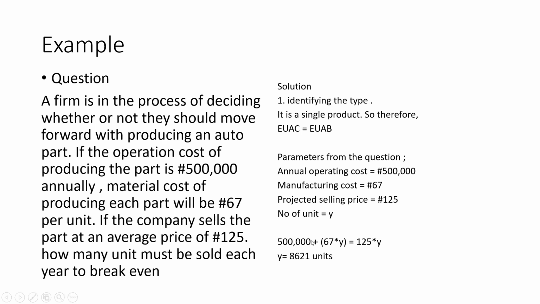So you have 500,000 plus 67 times Y. This 67 times Y is the total manufacturing cost, equals 125 times Y, where this 125 times Y is the total benefit that must be received before I can have an intersecting value of the total annual cost. So if you solve this mathematically, you have Y equals 8,621 units. I hope I'm communicating.